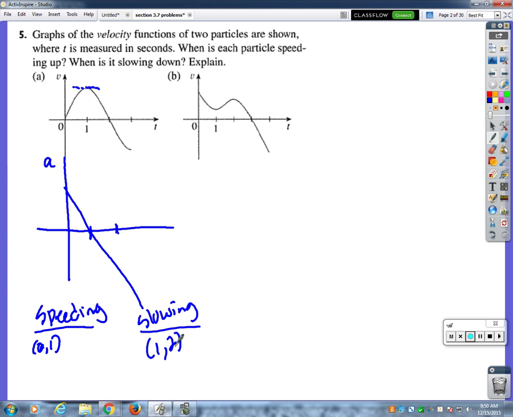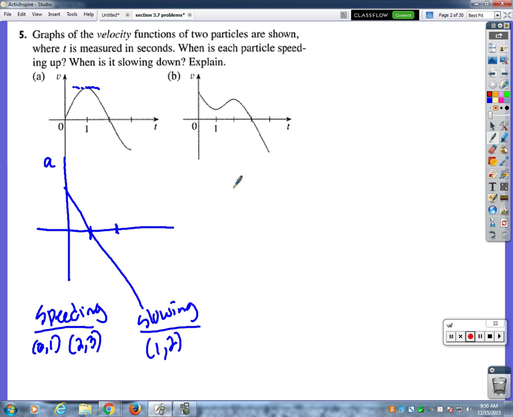And then from 2 to wherever, it's speeding up again. I guess we probably should say from 2 to 3, right? We don't know what's going to happen. It looks like the acceleration might be 0 right now. Yeah, they're the same sign, they're speeding up.